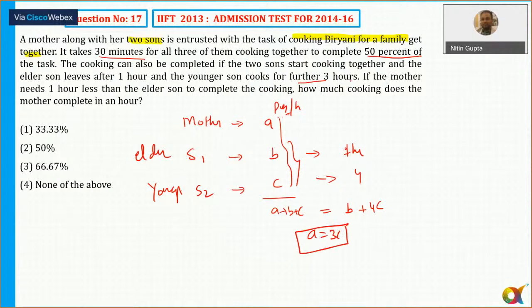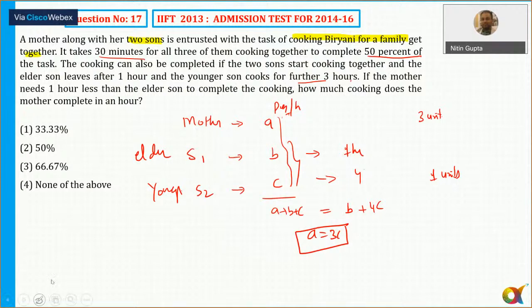If A is equal to 3C, so I have assumed एक घंटे में, ठीक है. So that we can say the efficiency of A is thrice the efficiency of C here.